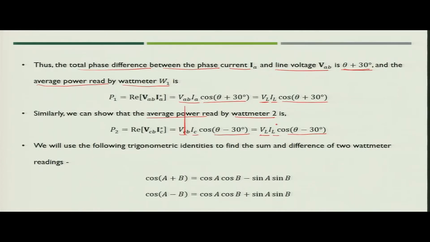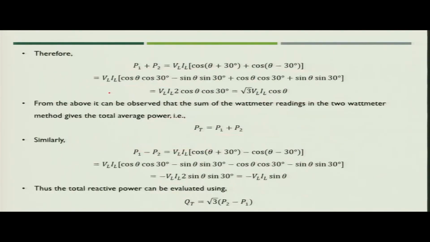Now, to find the value of P1 plus P2, we will use the following trigonometric identities: cos(A plus B) is nothing but cos A cos B minus sin A sin B, and cos(A minus B) is nothing but cos A cos B plus sin A sin B. We will use these two formulas to find the total power, that is P1 plus P2.